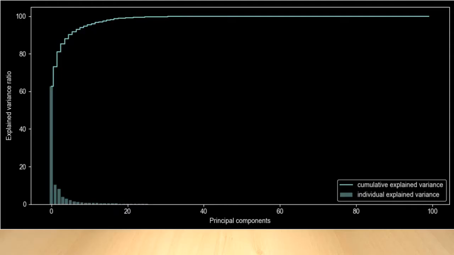From this plot, one can see that the first principal component explained the most variance of the data by itself, and the second principal component bears only about 10% of it, and it gets gradually smaller as the number of principal components increases.